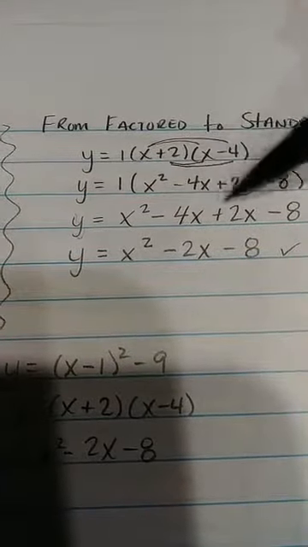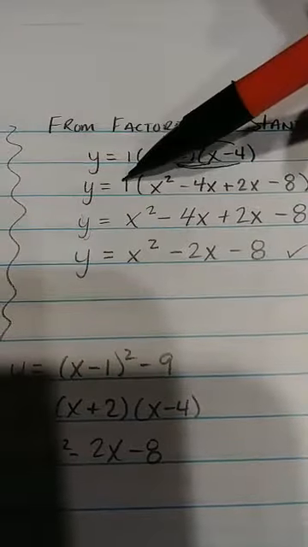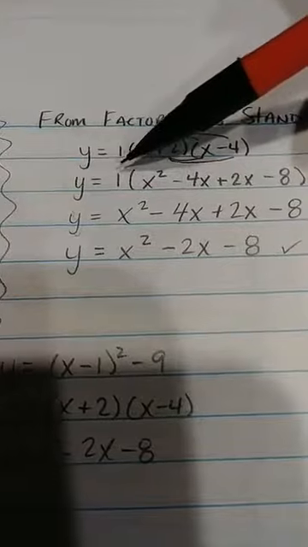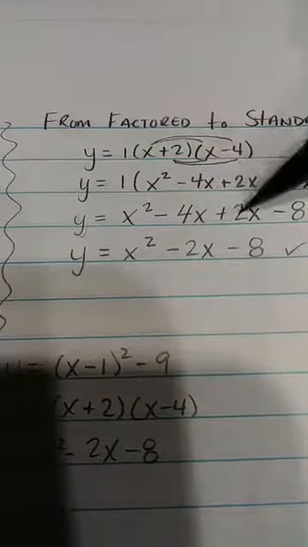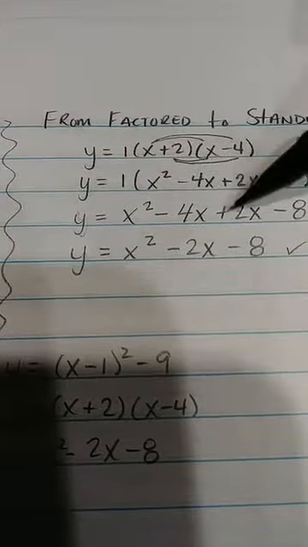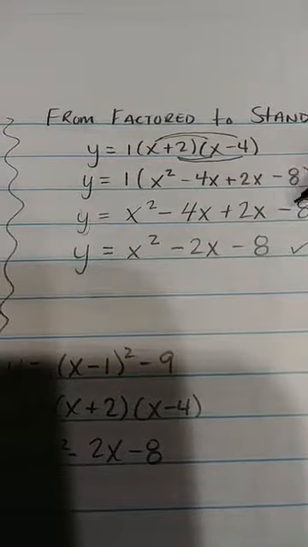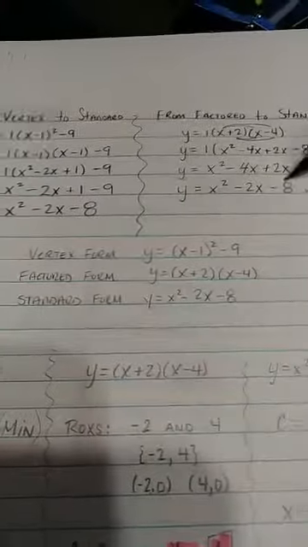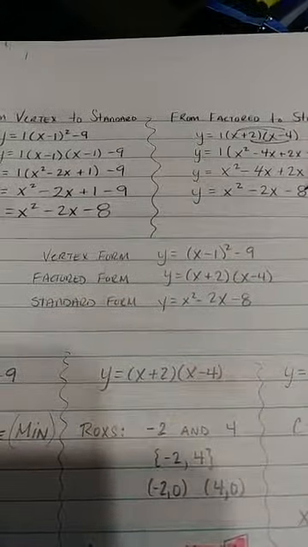So now combine these terms in the middle, and we're not going to multiply by 1, because it's not going to change anything. So combine my terms that are alike, which would be these two. That gives me negative 2x, and bring everything else down. Look, standard form. They're both in standard form of quadratic equation.